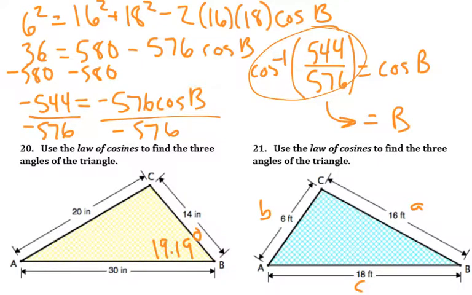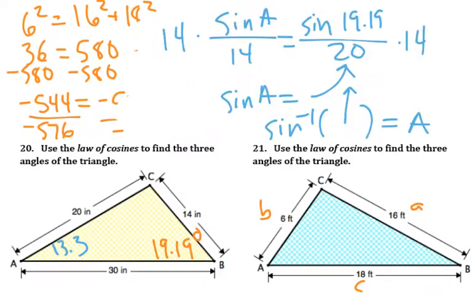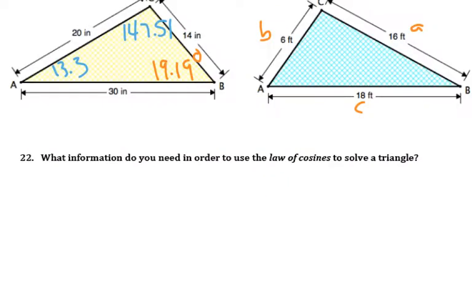Now we use the law of sines to figure out the rest. When we do use the sine, we get that angle equals 13.3, then take 180, subtract those to get angle C, which is 147.51.